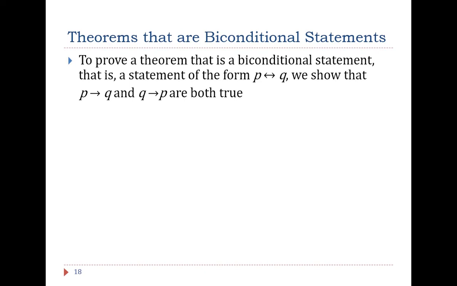Or maybe you need to do a proof by cases, or a proof by contradiction, assuming Q and not P, and then you get a contradiction. So each direction can be proved with a different method. It's up to you.